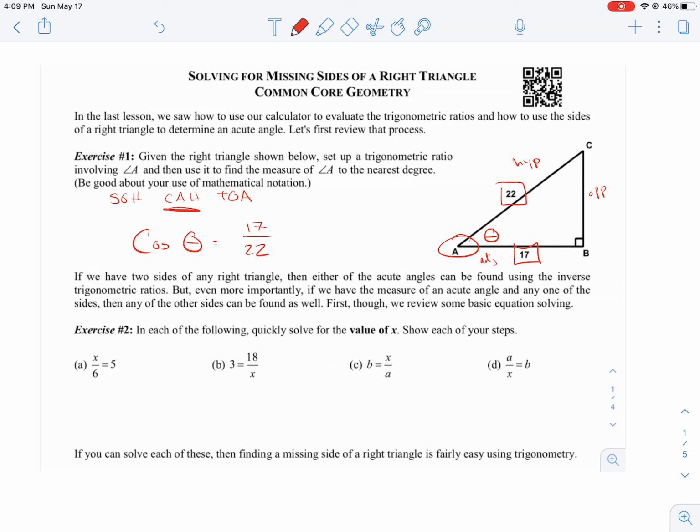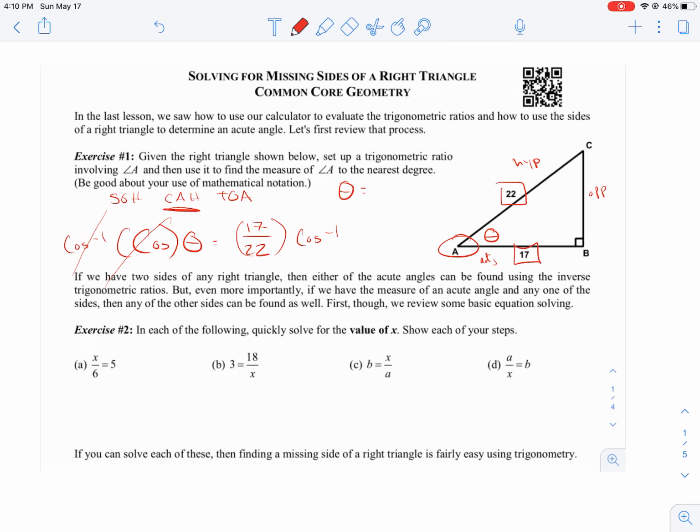Now in order to solve this, we're going to have to use that thing from a few lessons back, arc cosine, or the inverse of cosine. What that does is it gets rid of the cosine on the left, and we're left with just theta. Then we go to the calculator. Second, cosine.